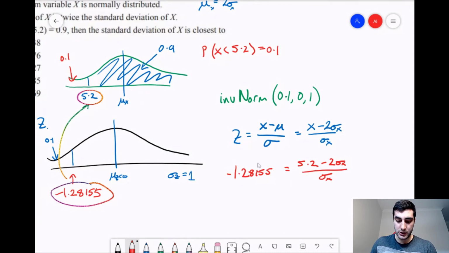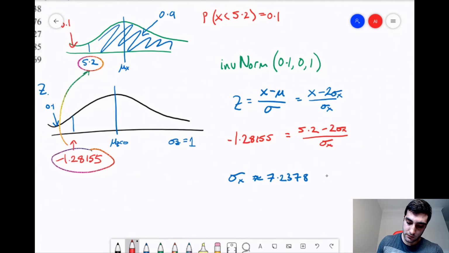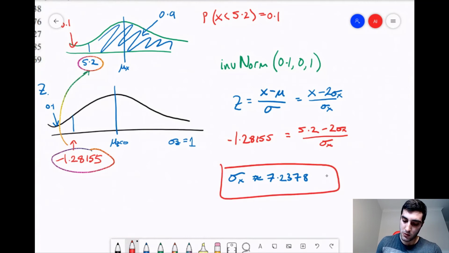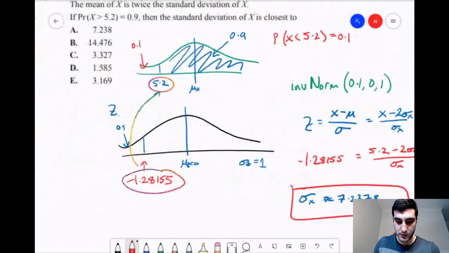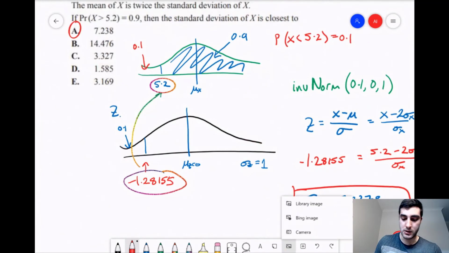And if you wanted, you could just put this in a solver, swap out sigma x for just a variable, say x, and solve for that. In doing so, you'll end up getting sigma x is approximately equal to 7.2378, which looks like to me that is option A here as well.